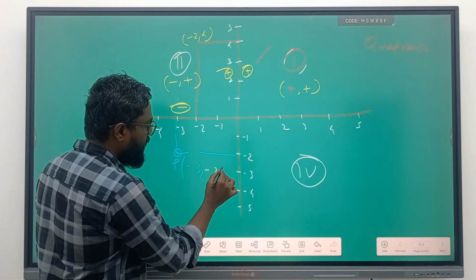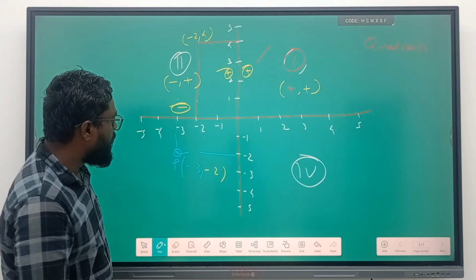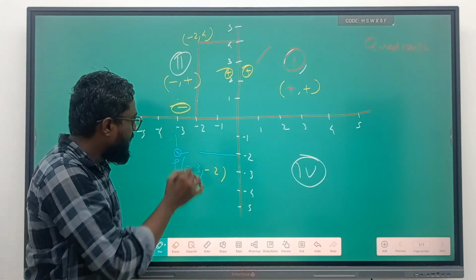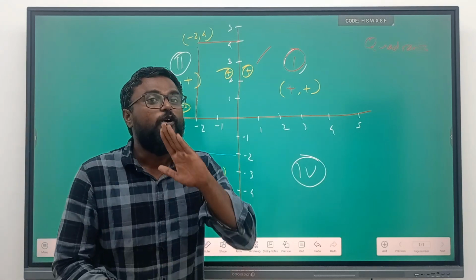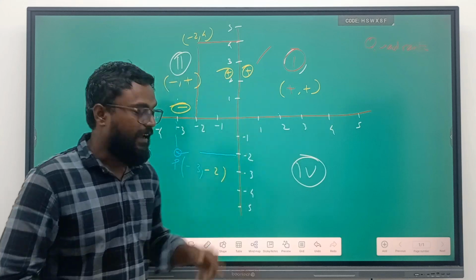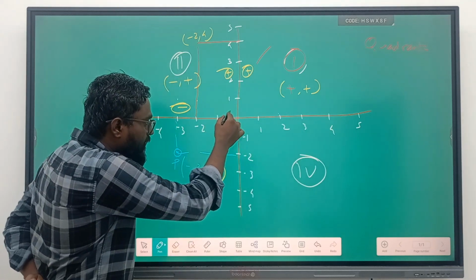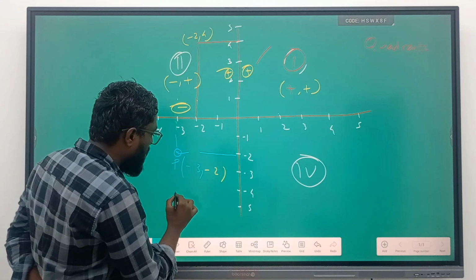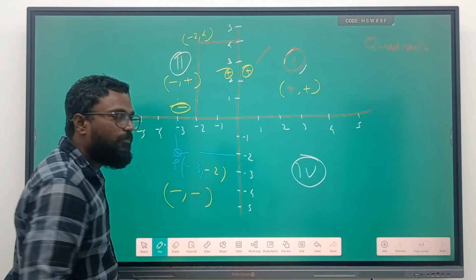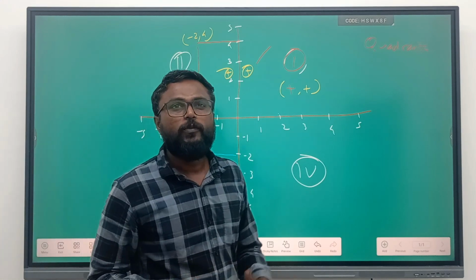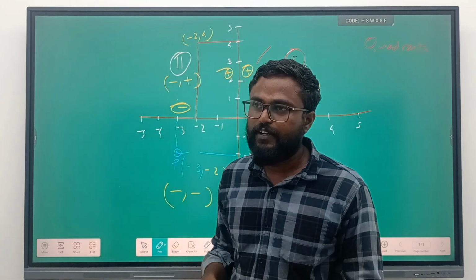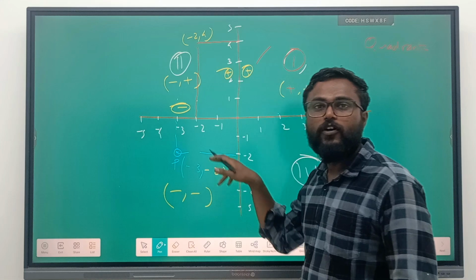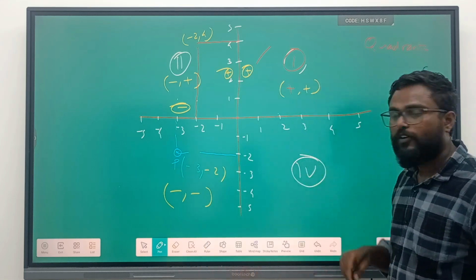My y coordinate is -2. So if you observe carefully, the x coordinate in the third quadrant is going to be negative all the time, and the y coordinate in the third quadrant is always going to be negative as well. So any coordinate like this, they're all going to lie in the third quadrant.